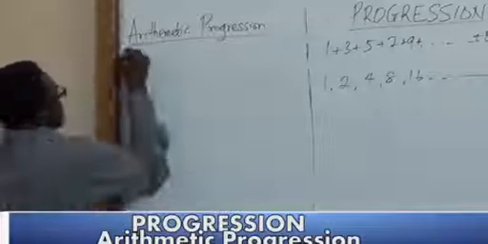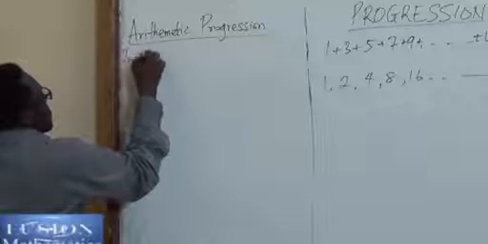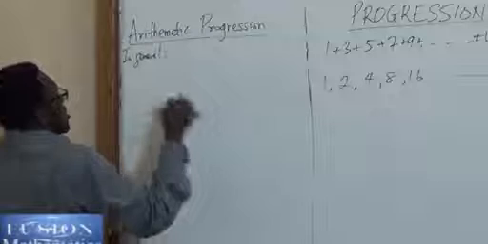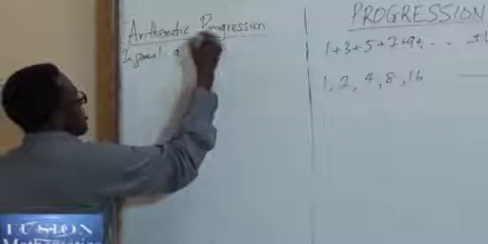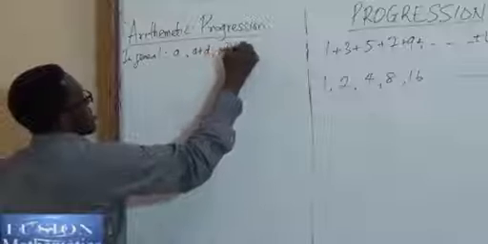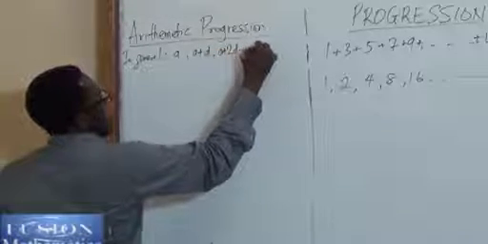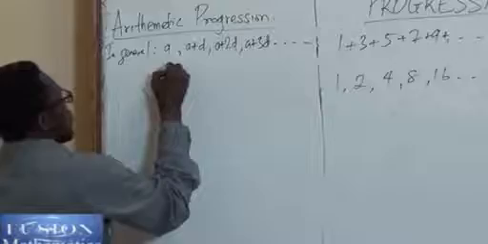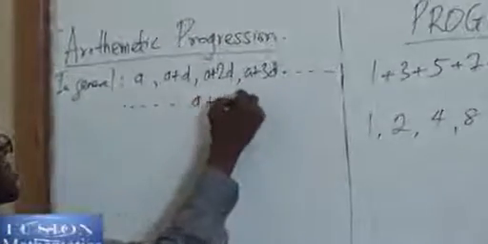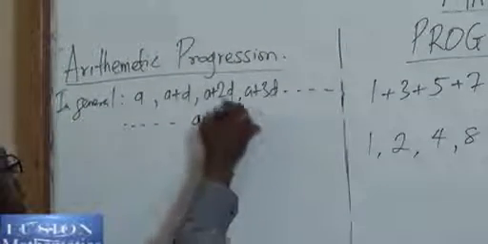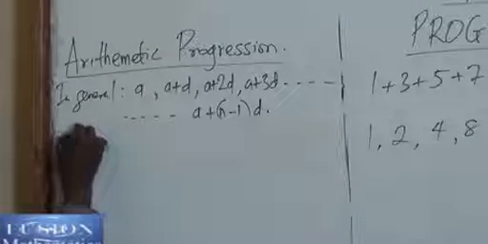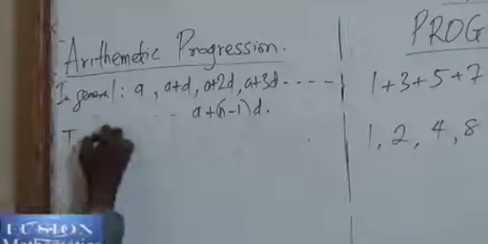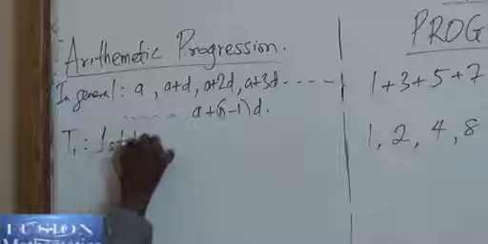In general, it is represented like this: A, A plus D, A plus 2D, A plus 3D, all the way to A plus N minus 1D. A, which we call T1, is the first term.